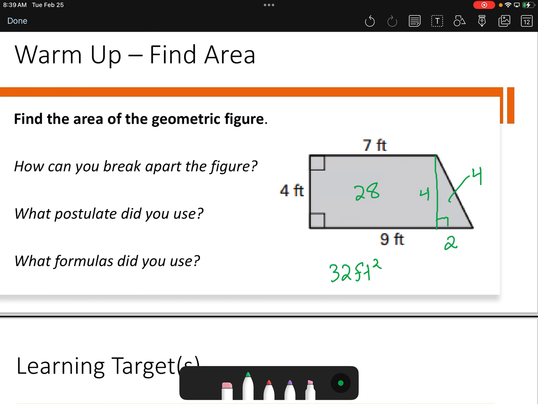We did it? I don't think we did 9.1. Yeah, we did. We briefly did part of it after. We did the whole thing. Yeah, we did. So it was a composition one, whatever that one was. Okay? And then what formulas did you use? Okay, we used area of a triangle and area of a rectangle. So those were the 2.